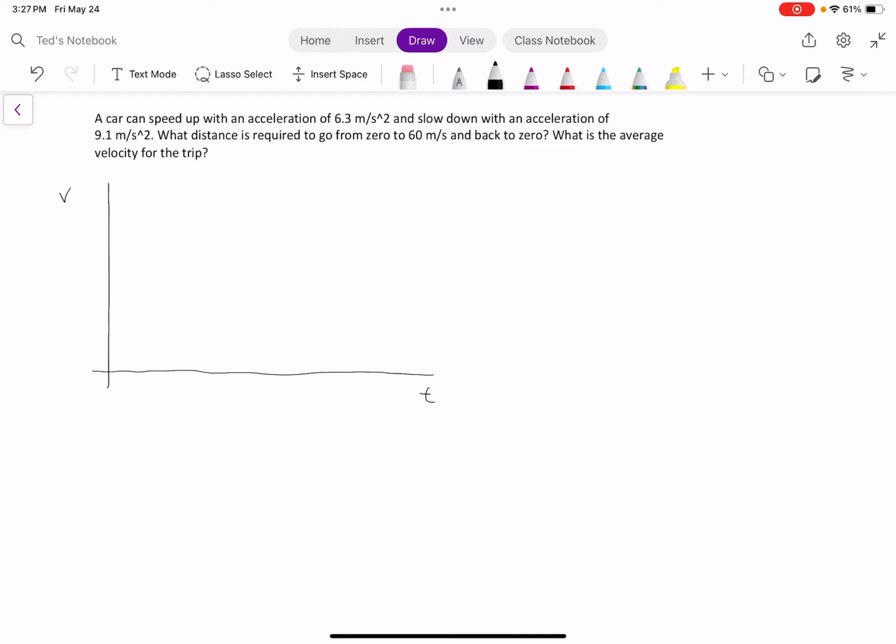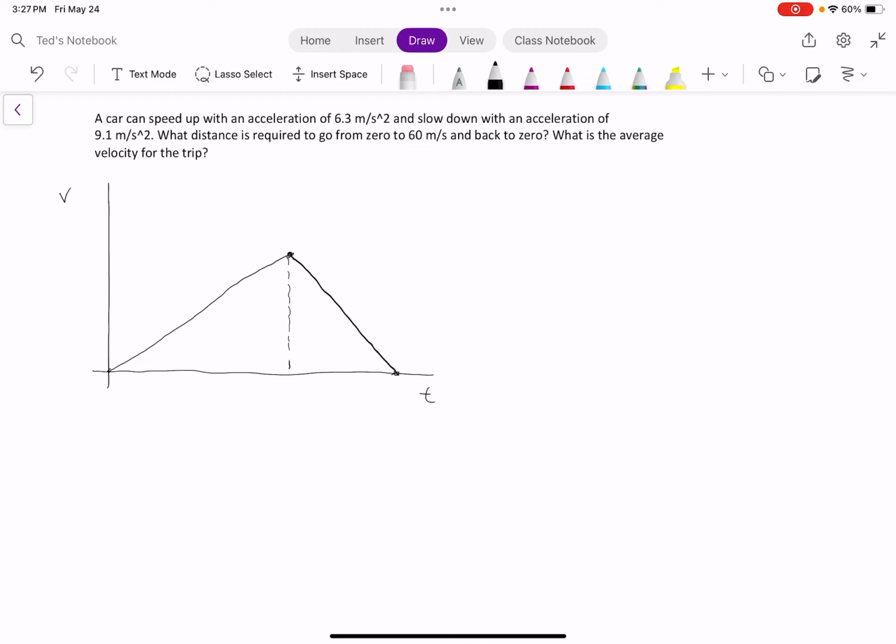So the car will accelerate from 0 to 60 meters per second and then slow down from 60 meters per second to 0, and each segment of that trip is constant acceleration. So we can figure out the displacement and the time for the speed up part, and the displacement and the time for the slow down part.